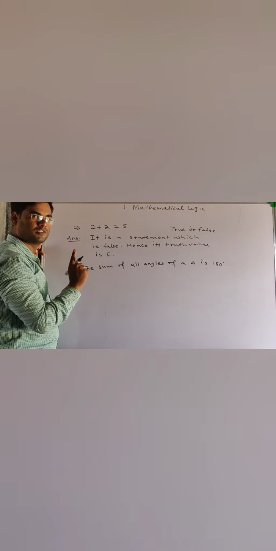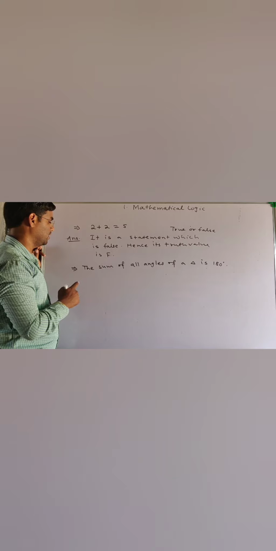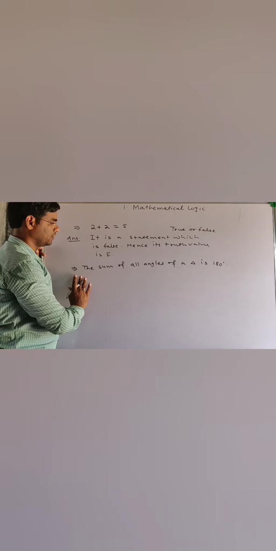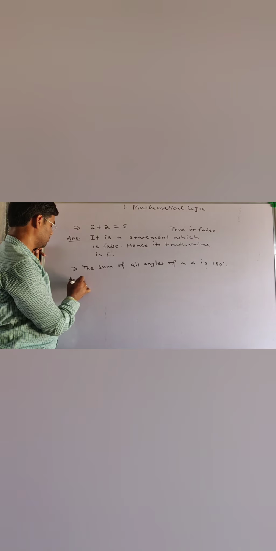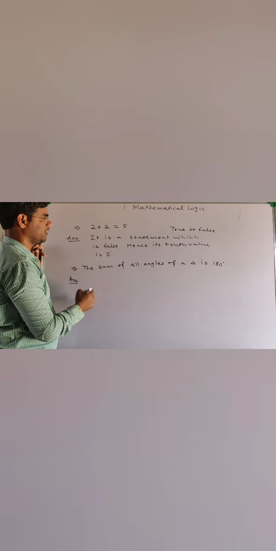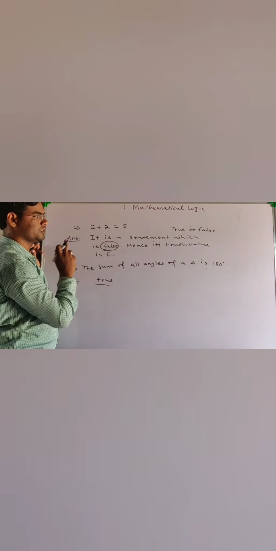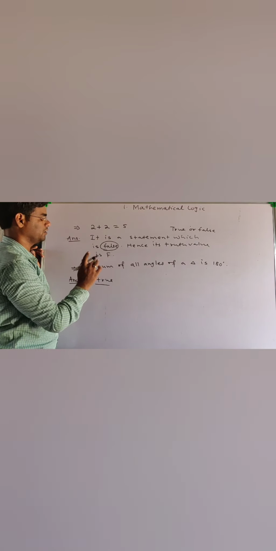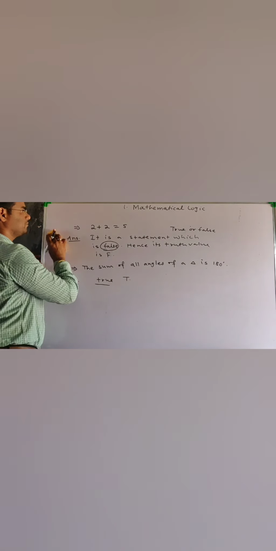If it is true, its truth value is capital T; if false, capital F. As we know, the sum of all angles of a triangle is 180 degrees, so the sentence is a true statement. It is a statement which is true. Hence its truth value is capital T.